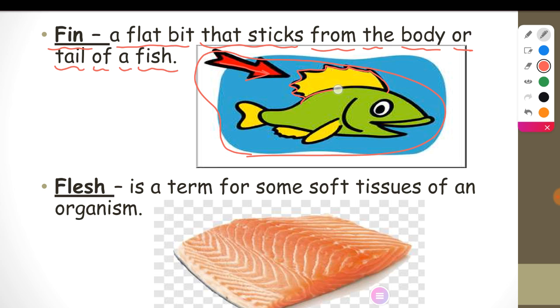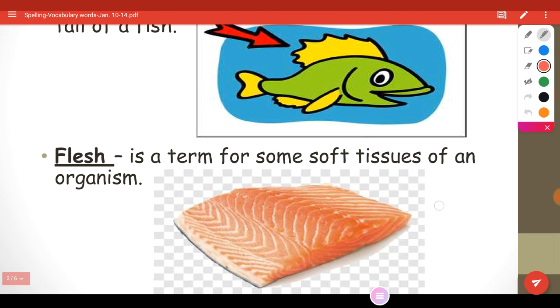This is the fin of a fish. This is one of the parts of a fish. Okay, so let's go to the next word.